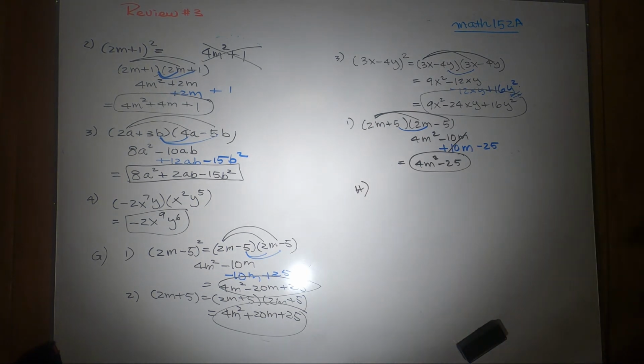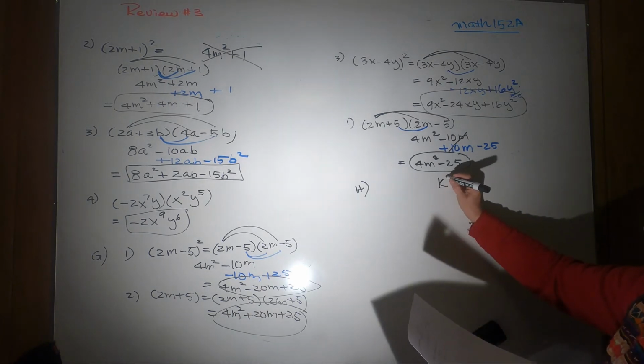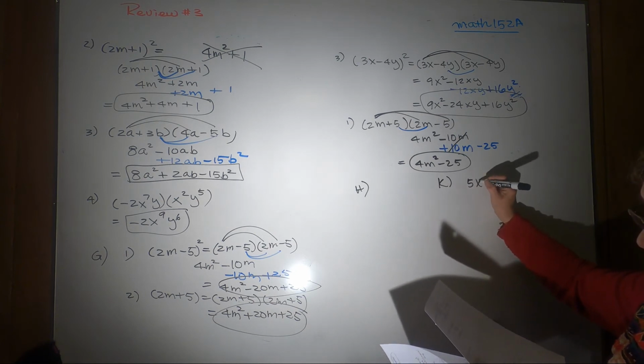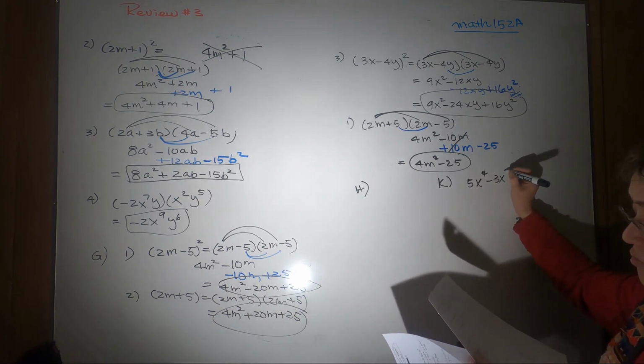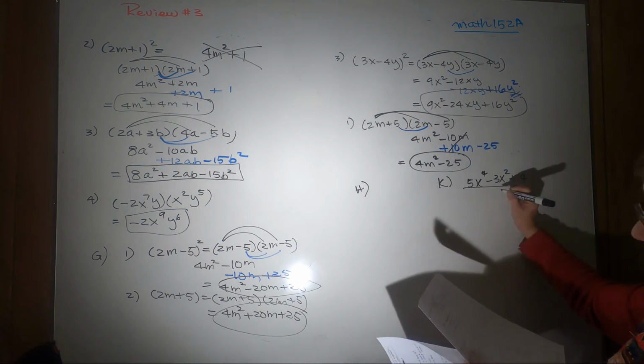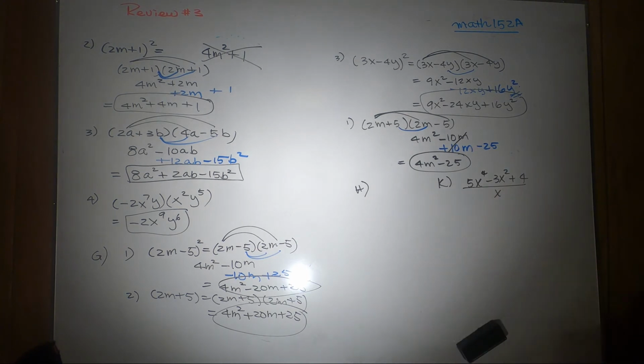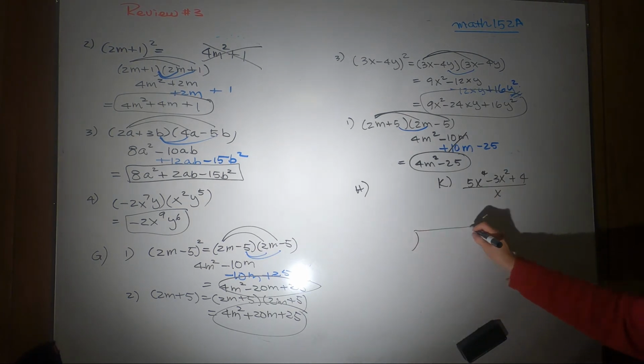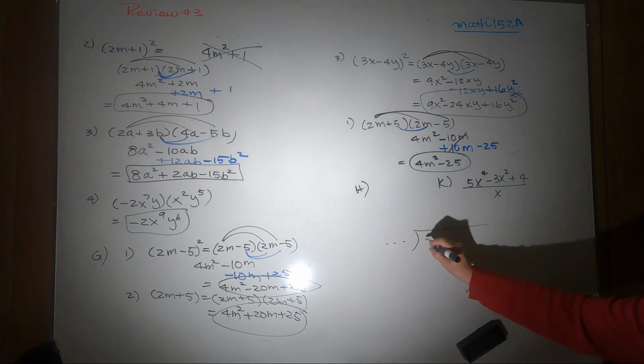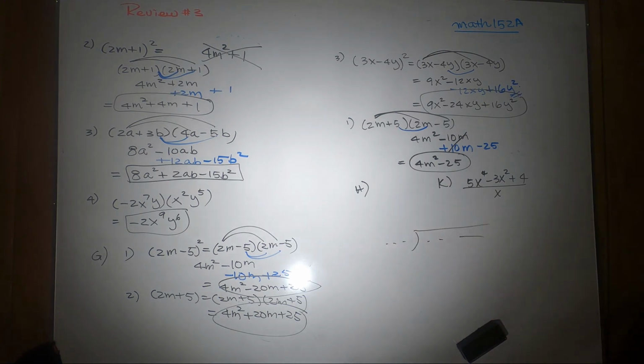When do you use long division of polynomials? Okay? So if you have, like, 5x to the fourth, 3x squared plus 4, divided by what? X. Do you need to use the things we just did, like something outside, something inside, you do the division?